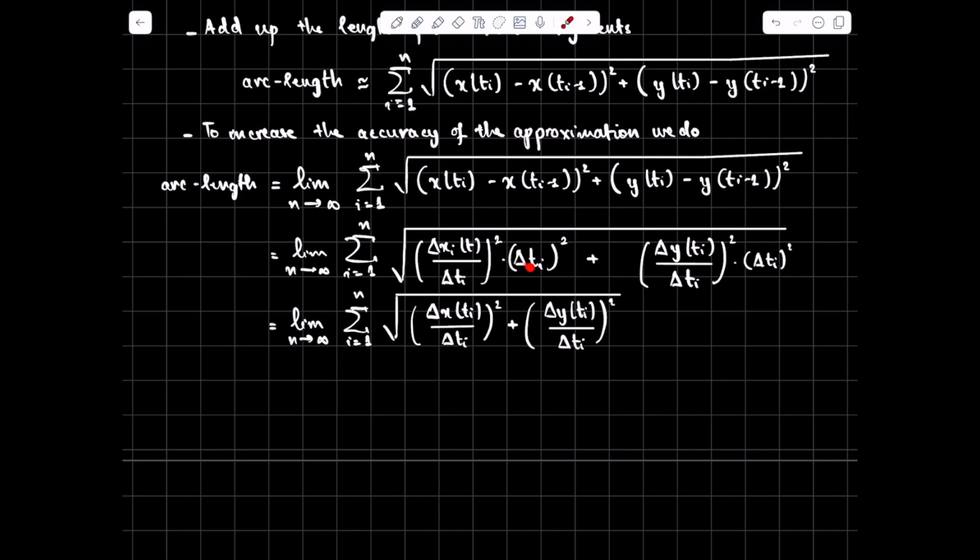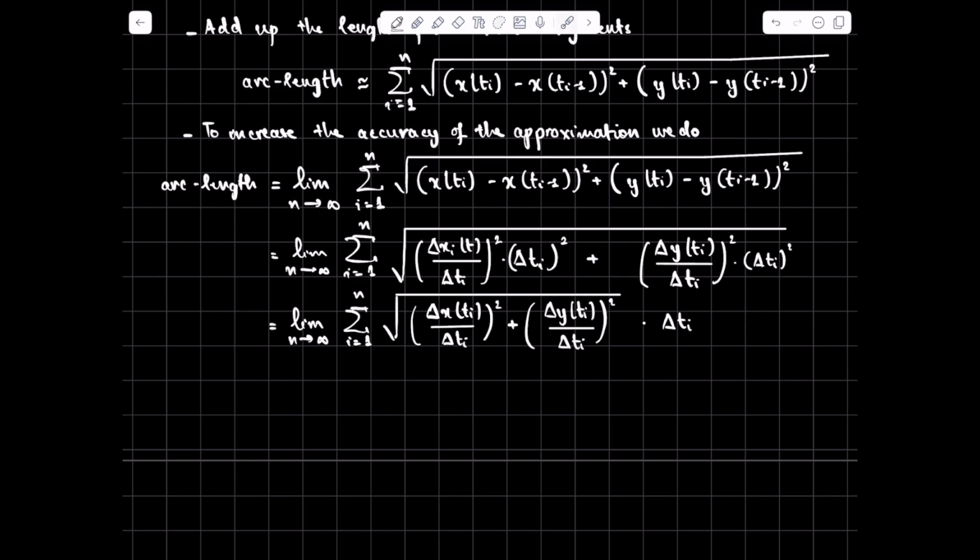So again here delta t sub i squared is a common factor. You can factor it out and take the square root. So now you have the square root multiplied with delta t sub i only.